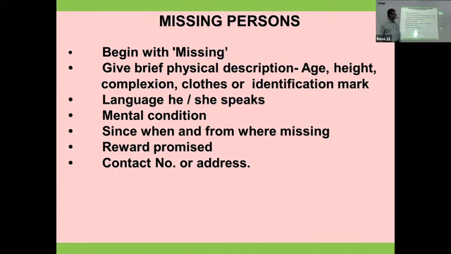Give the physical description: age, height, complexion, रूप रंग, गोरा, काला, सांवला, and the clothes that person was wearing last, jeans and t-shirt, a black sari, कोई lady हो. This is the way you can put it up. And if possible, an identification mark: पहचानने का कोई घाव का निशान, चोट का निशान, जिससे you can recognize. So put up the age, height, complexion.